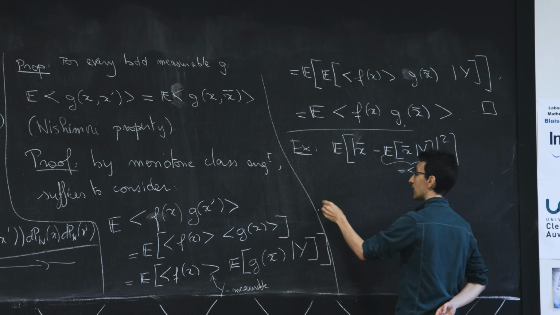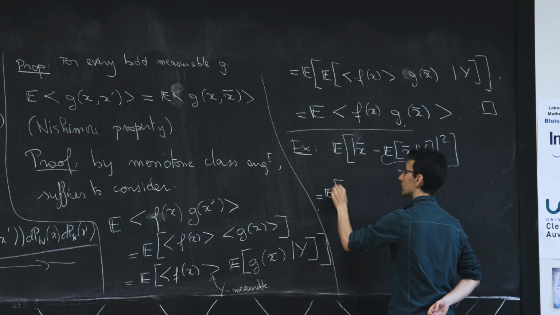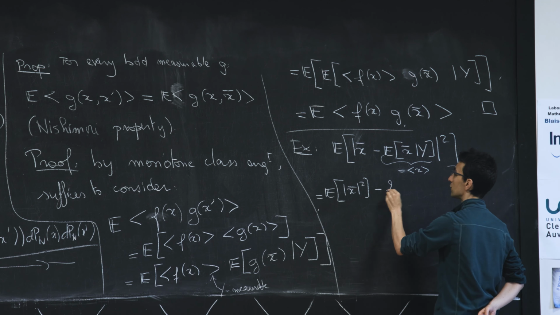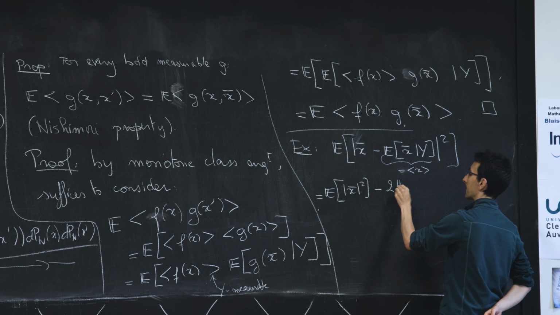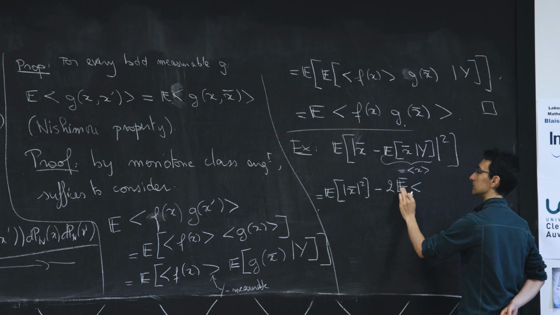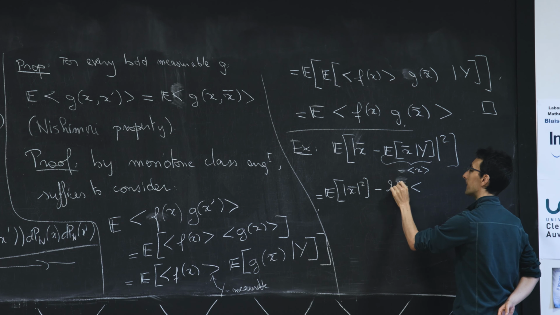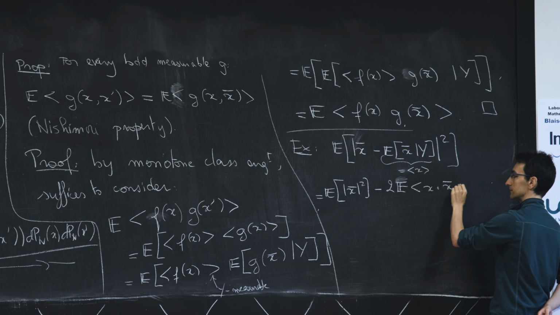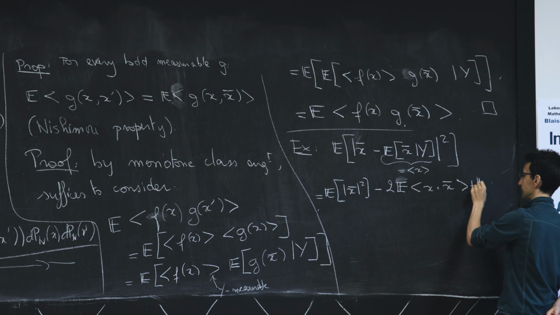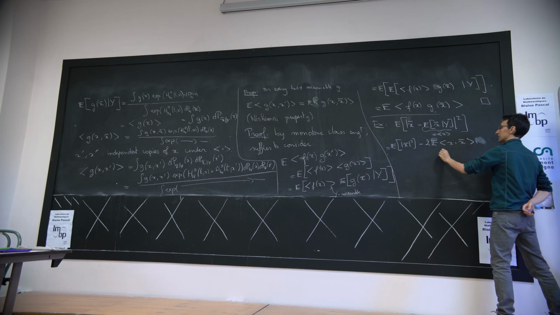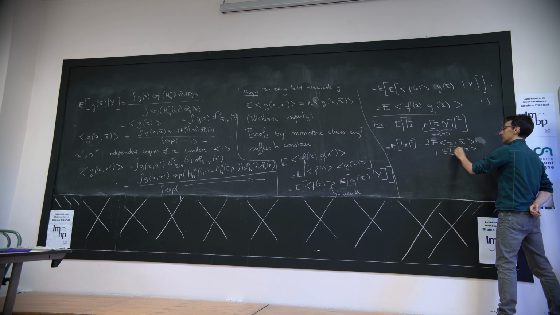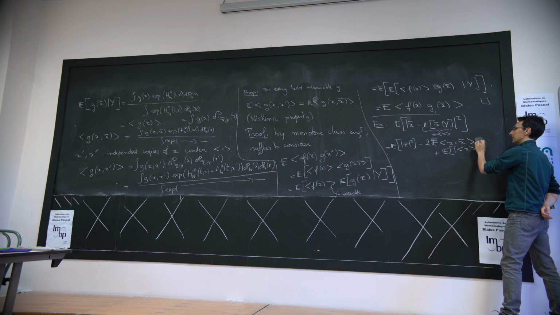And then if I expand, this is expectation of x bar squared minus 2 times expectation of x dot x bar, plus expectation of bracket x squared. Agreed?